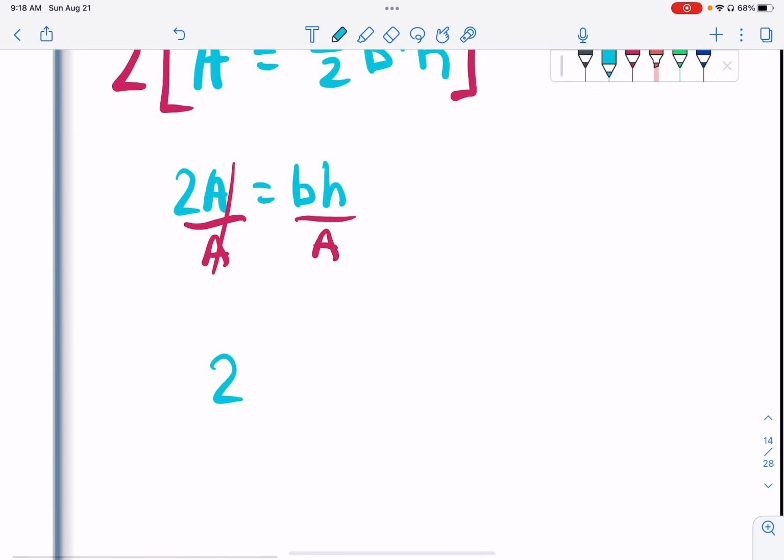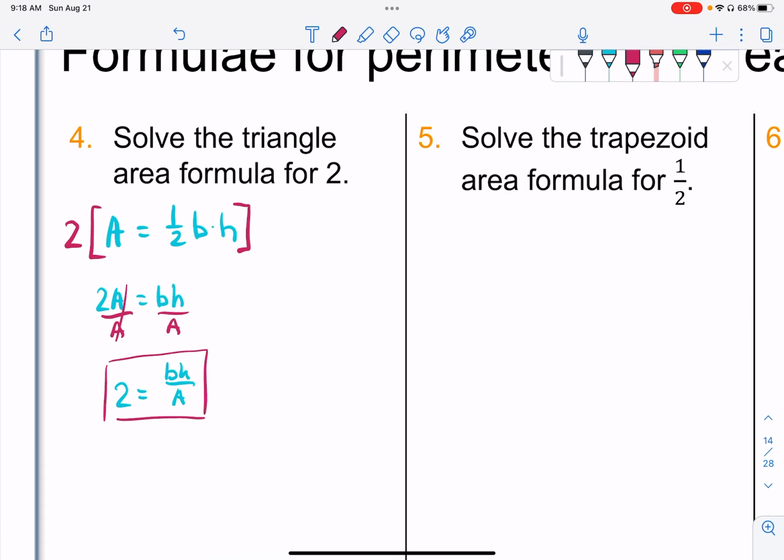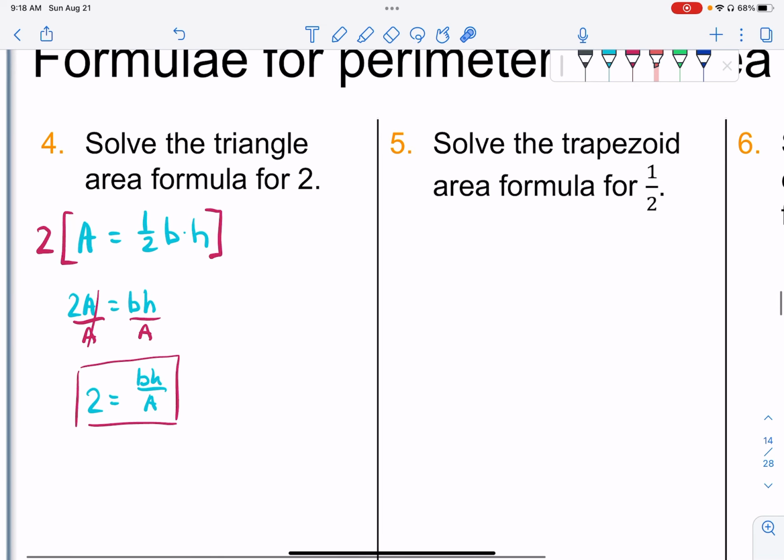And I'm left with 2 is equal to bh over a. And again, what we're doing here is just practicing our algebraic skills to be able to manipulate any equation. If this kind of thing makes sense to you algebraically, then most other algebraic tasks aren't going to be that much trouble for you.